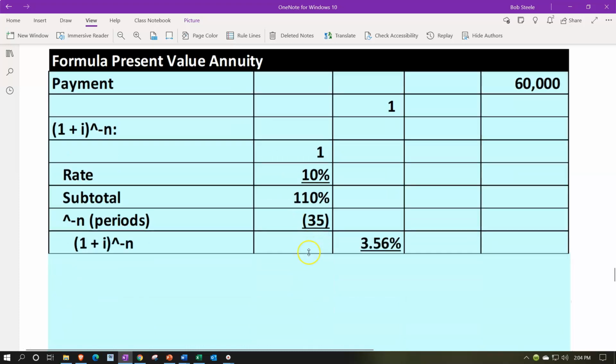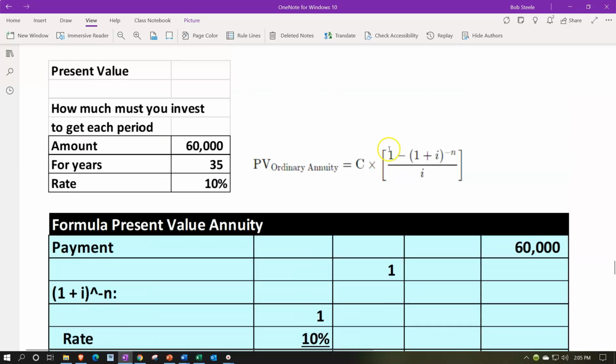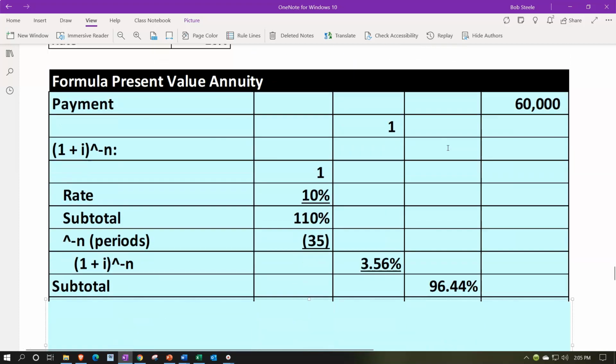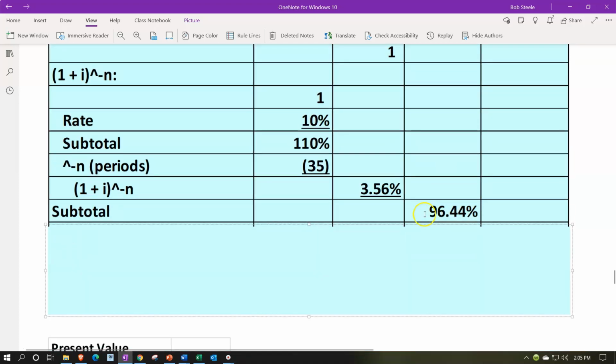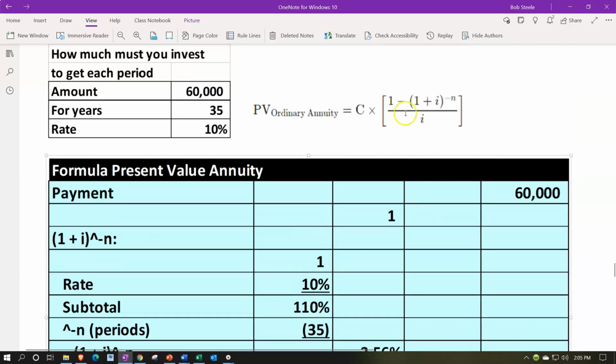So 110% to the power of 35 gives us about 3.56. Taking into consideration rounding, this is in Excel, so the actual number is being used even though it's rounded. Then 1 minus the 3.56 gives us the numerator, about 96.44.